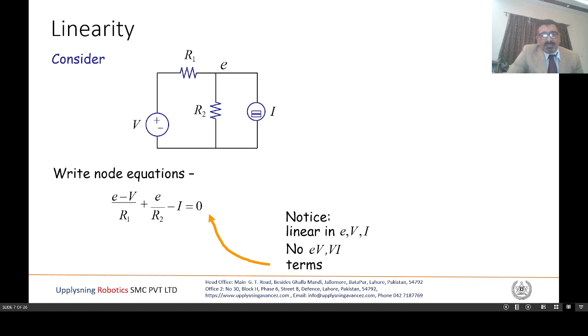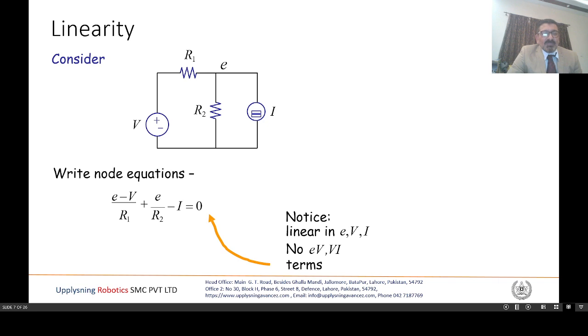So let's write a node equation. From the node side, you can see E minus V divided by R1, because the source on the E side is negative.